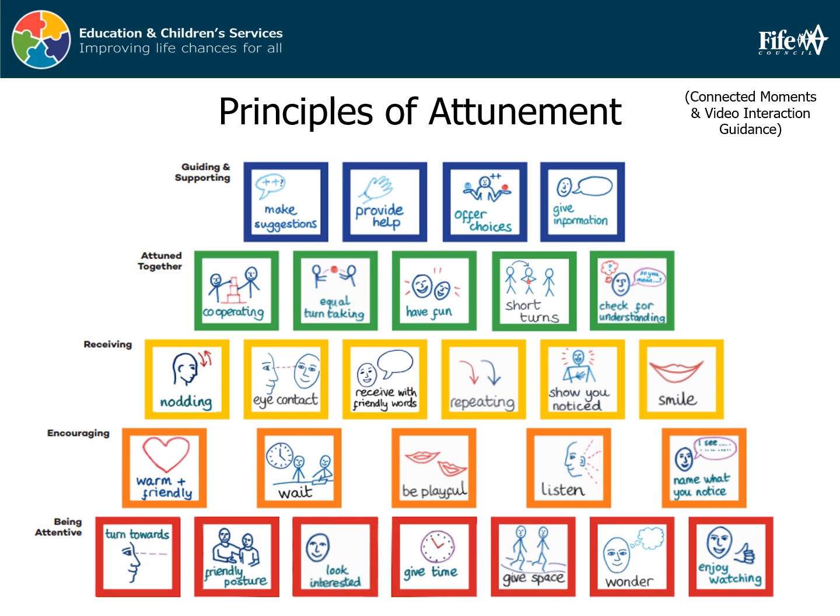Receiving is indicated by nodding, repeating or smiling. Through positive adult role modelling, learners may become more attuned to each other, taking turns, cooperating and asking questions. And the final stage is offering support and guidance.